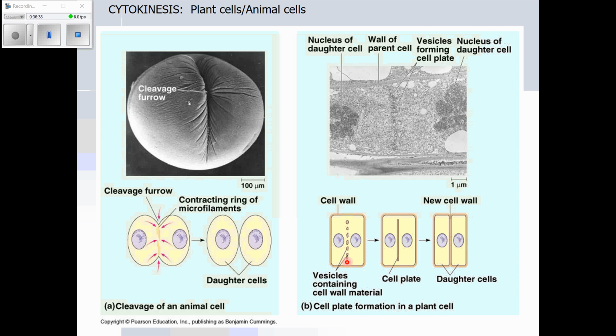And as they line up and more vesicles arrive along this line, they start to smush together. They start to fuse together with one another, and all of that cellulose gets dumped and assembled into a growing wall. This is referred to as the cell plate at this point, but eventually this wall will grow all the way across, and it'll split that cell right down the middle.